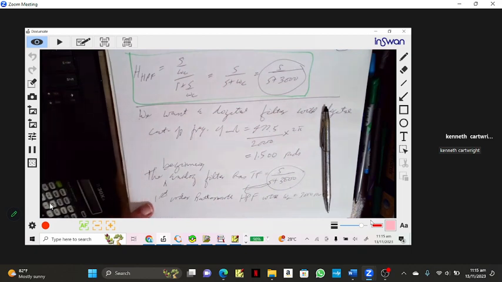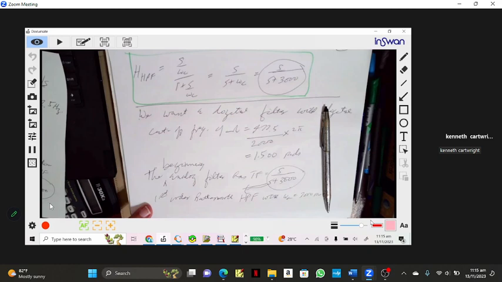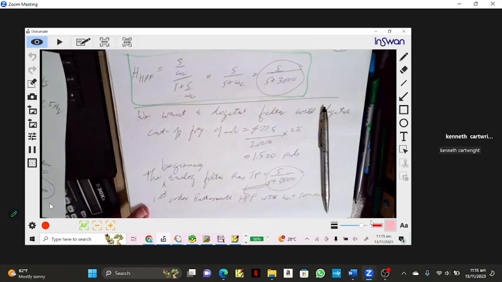I don't have one person who can tell me what's wrong with this transfer function. So what I'm hearing is the example I did, y'all didn't understand.